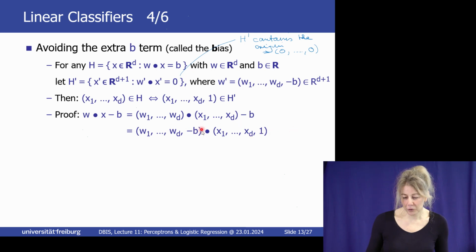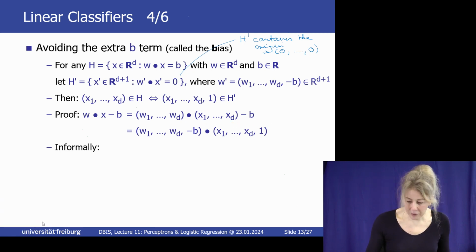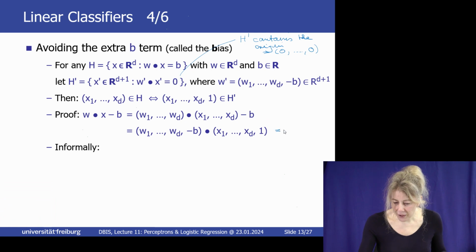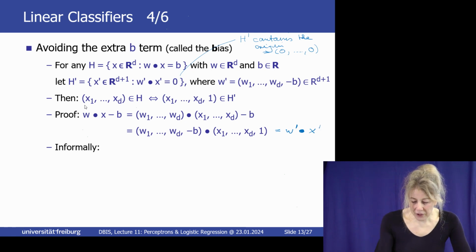Just convince yourself that this is the same. And I want to write this by hand here, and this is just w prime times x prime, if I call this here x, and this here x prime.